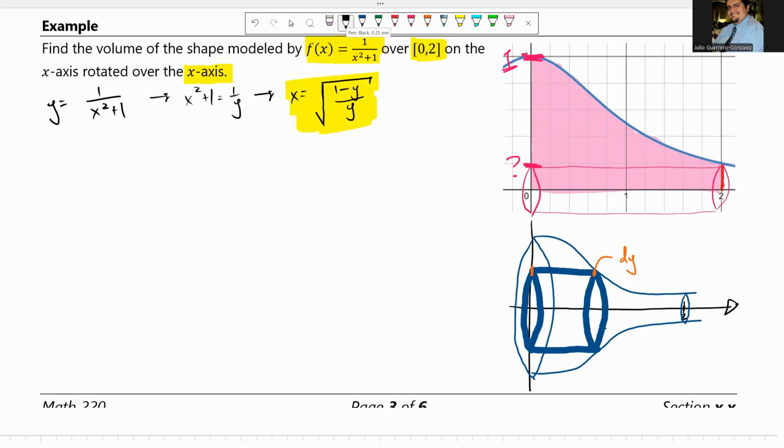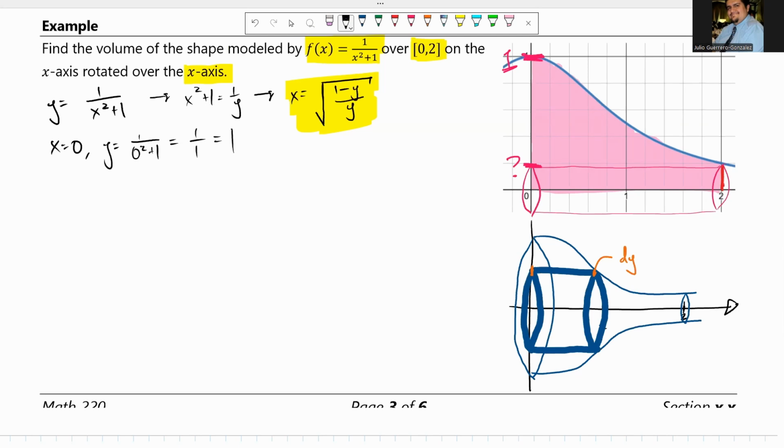So when x is 0, then y is equal to 1 over 0 squared plus 1, which is equal to 1 over 1, which is equal to 1. So one of our limits of integration is y equals 1.